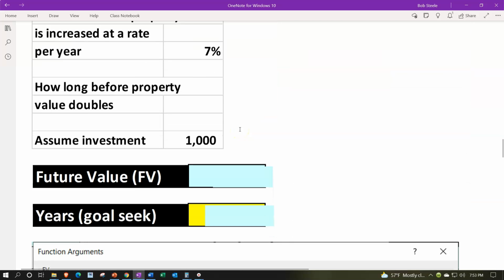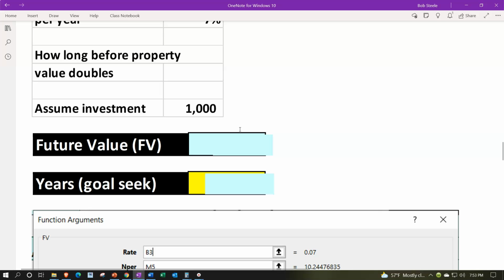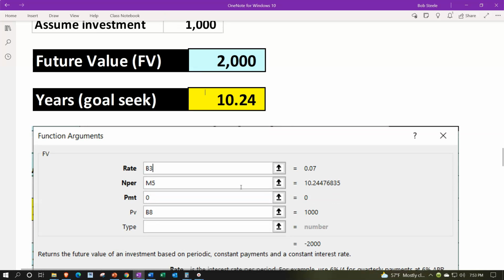Now, note we can do the same thing using the future value calculation. And this is hopefully going to give you an idea that these calculations are related. We can use the future value calculation using that goal-seek method to do the same thing and get to the same answers. So if we did this with a future value calculation, it would look like this. If I take this same data, the only thing I don't know is the number of periods.